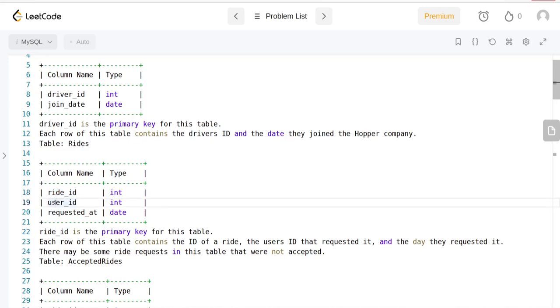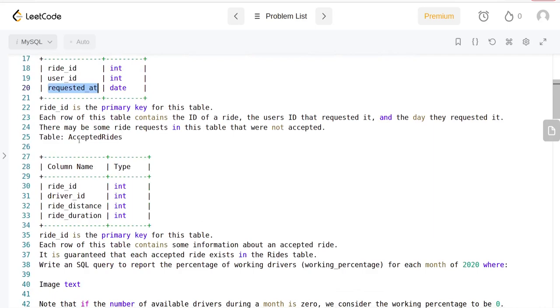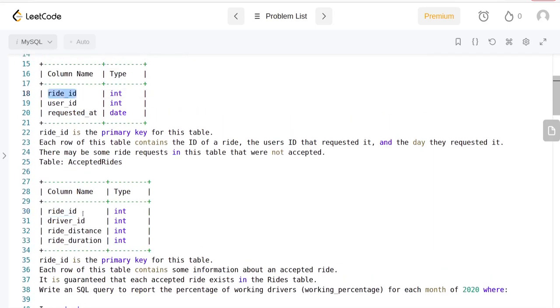The user ID is the one who is making the request, and requested at is the date. Then the accepted rides table has a ride ID, which is going to be a subset of all the ride IDs in rides. The driver ID is the one who accepted the ride, and the ride distance and duration are how long and how far he drove.